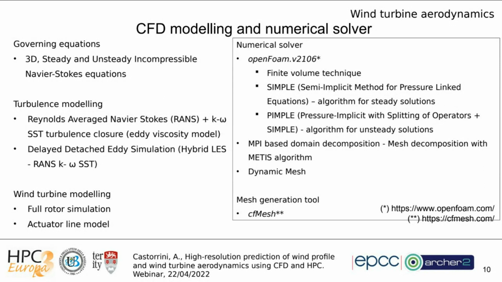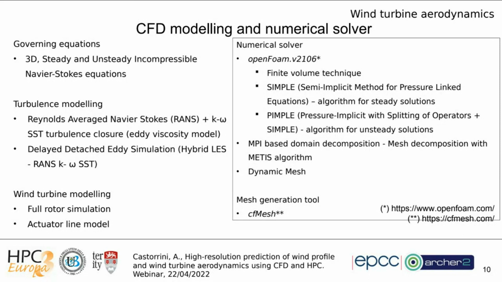The parallel computing technique is domain decomposition based on MPI, and the mesh decomposition for these cases is done using the METIS algorithm. In the case of unsteady simulations, which are the simulations with the misaligned wind, as we will see, a dynamic mesh approach is used to rotate the domain and the rotor with respect to the main flow.